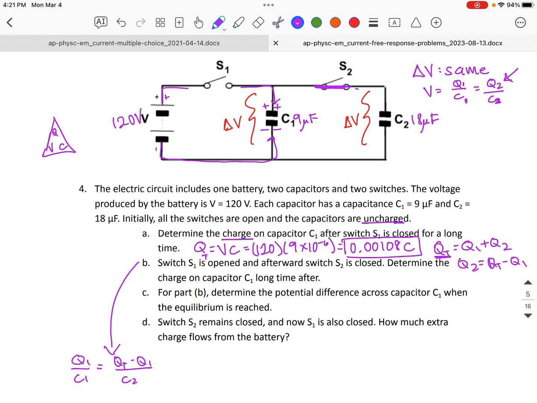So let me multiply both sides by C2. You can do it multiple ways. And then multiply the other side by C1. And then I'm going to distribute.